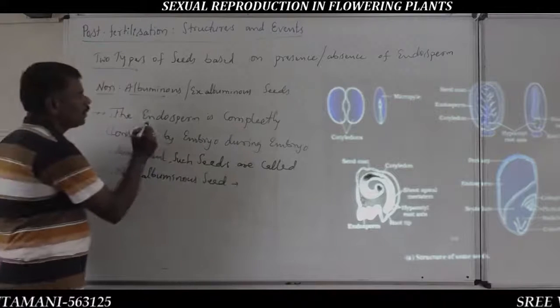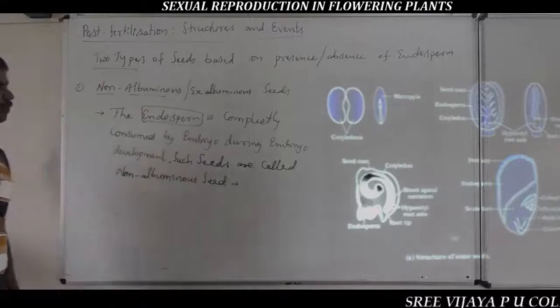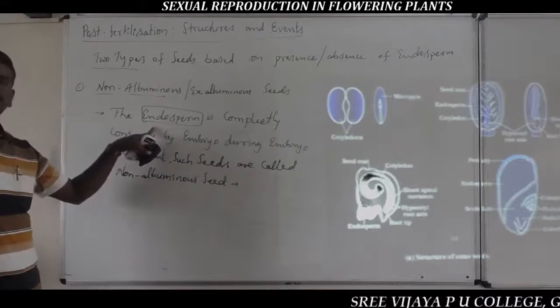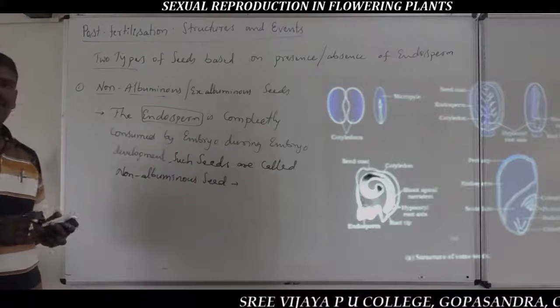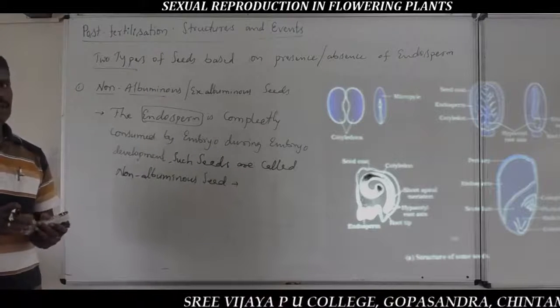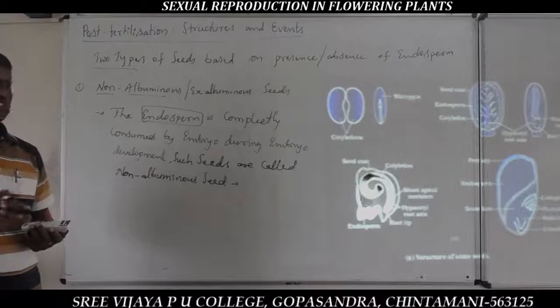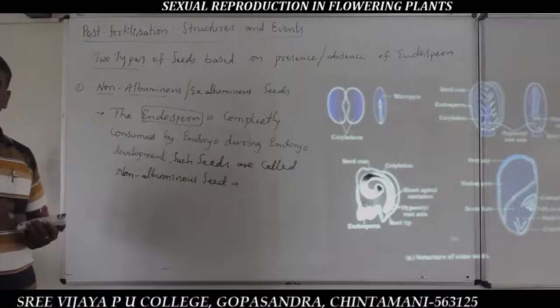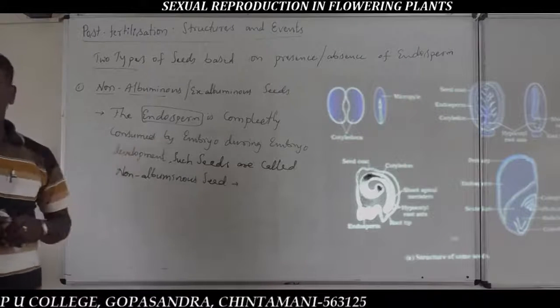The endosperm is a nutritive tissue, as we already discussed. It is consumed by the embryo during embryogenesis, as the embryo absorbs nutrients from the endosperm.